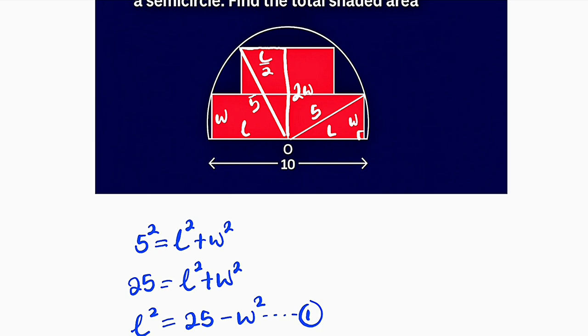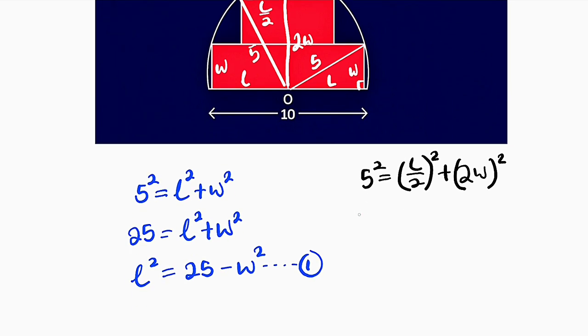So using this particular one, we can say that 5 squared is equal to L divided by 2 also squared plus 2w also squared, according to Pythagoras. This is 25 equals L squared divided by 2 squared, which is 4, plus 2w squared, which will give us 4w squared.